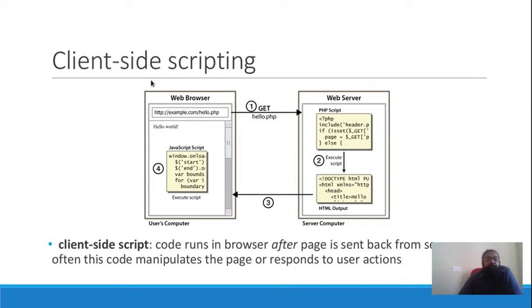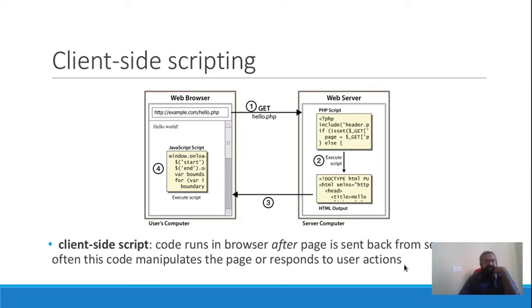So the web browser will generate the request, get the response back, and then the JavaScript will make some changes to the web browser elements based on what it executes. The client side script code runs in the browser after the page is sent back from the server, and often this code manipulates the page or responds to user actions.